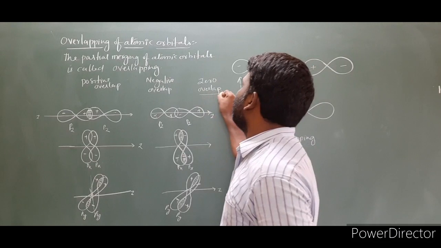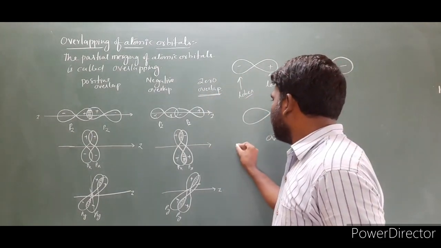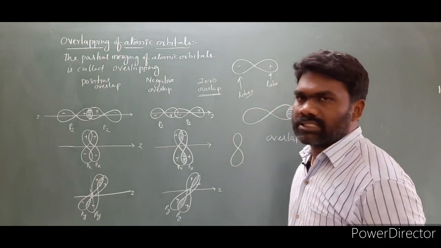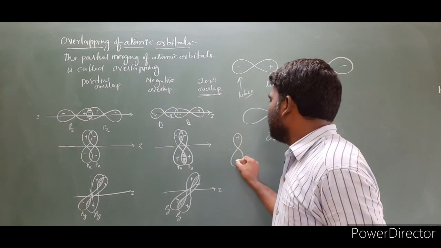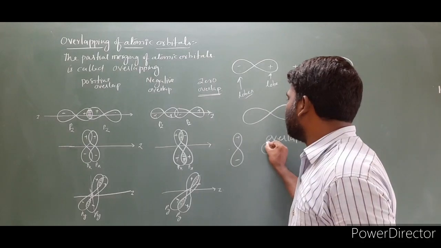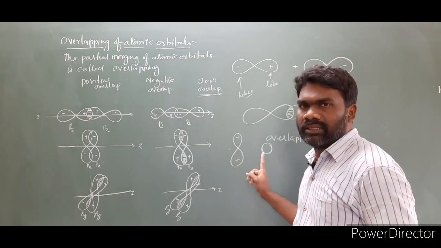And the third category we have is zero overlap. For the zero overlap example I am taking a px orbital, you can take this orbital. This is the positive lobe and this is the negative lobe. Clear? I am taking an s orbital. This is the s orbital. Then there is an overlapping between the p orbital and s orbital.